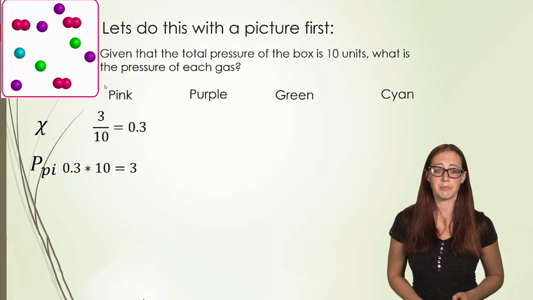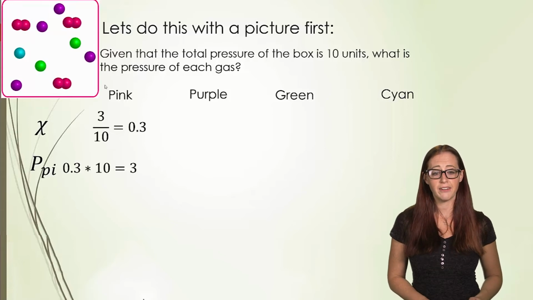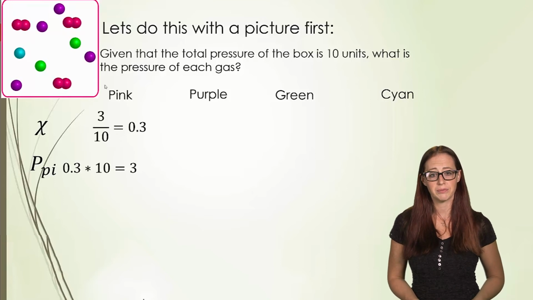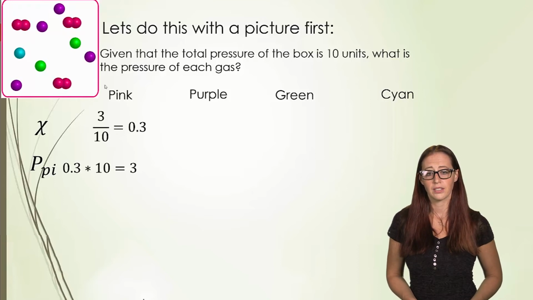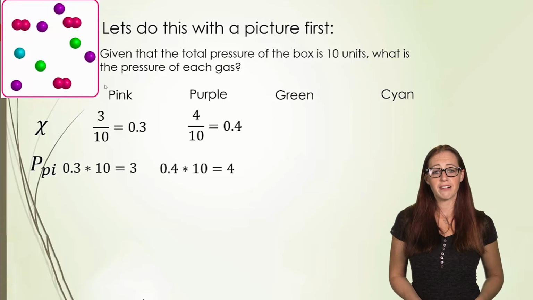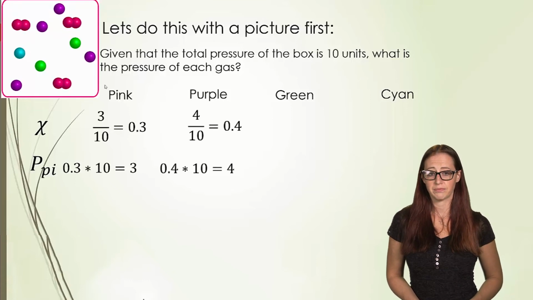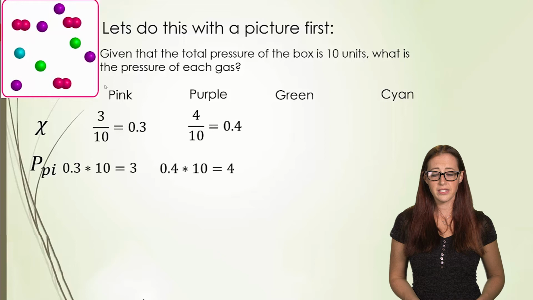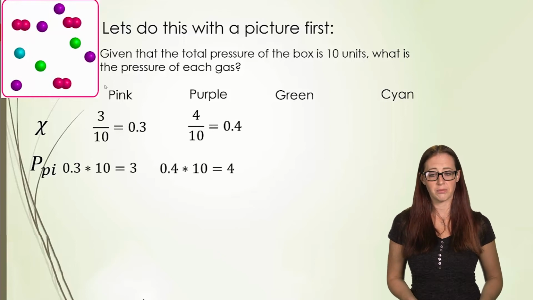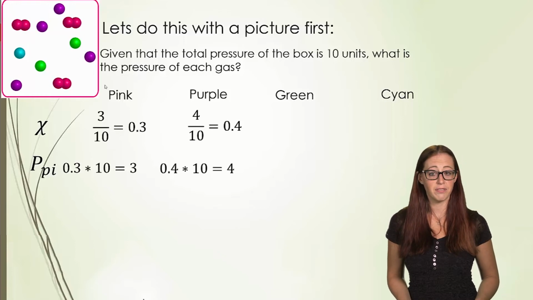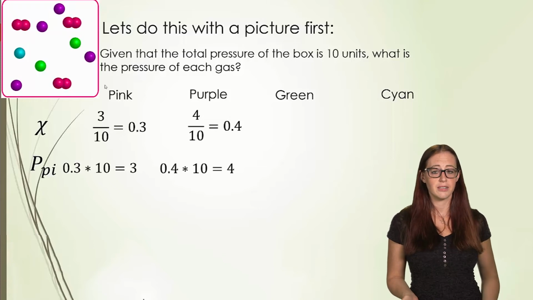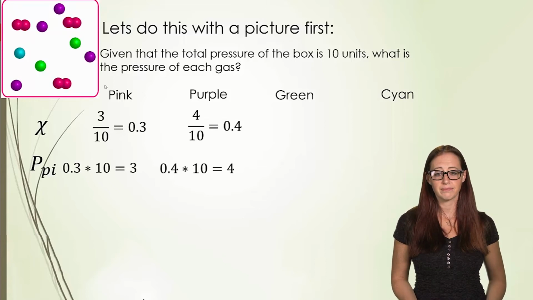We can do the same thing with the purples, so stop for a minute and do that. Fill in the chi and the partial pressure for the purple. For the purple, we're going to have 4 out of 10 as our mole fraction. This gives us 0.4 as our mole fraction, and it gives us 4 as our partial pressure, 0.4 times 10.